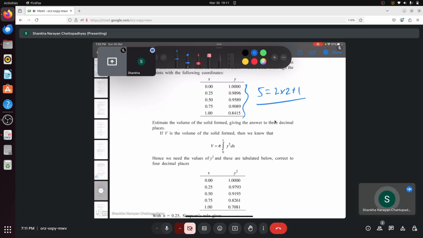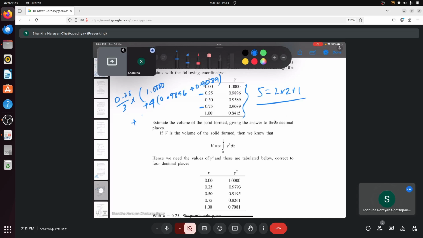So the formula will be 0.25 by 3 into 1.00 plus 4 times this and this, 0.9896 plus 0.9089.